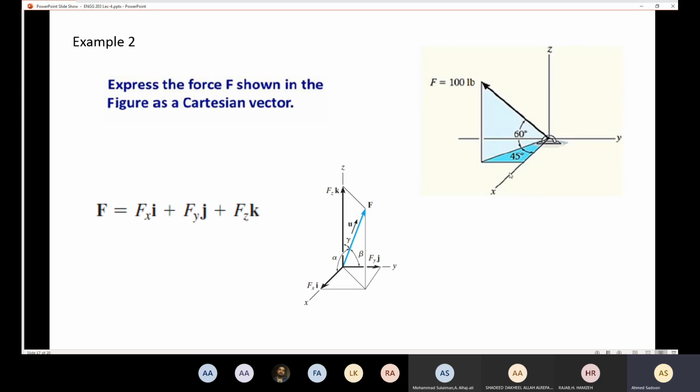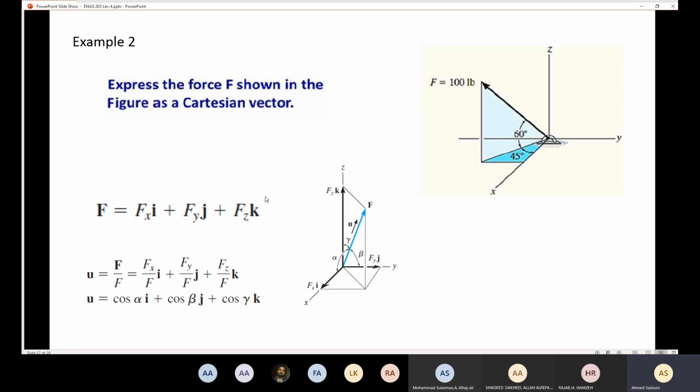So into x, the force is going to equal 100 pounds cosine 60 multiplied by cosine 45. And the component here in y is going to equal 100 cosine 60 multiplied by sine 45 in that direction. Of course, the component in y is going to be minus because this one is the minus direction, and the component in x is also going to be minus because this one is the minus direction.